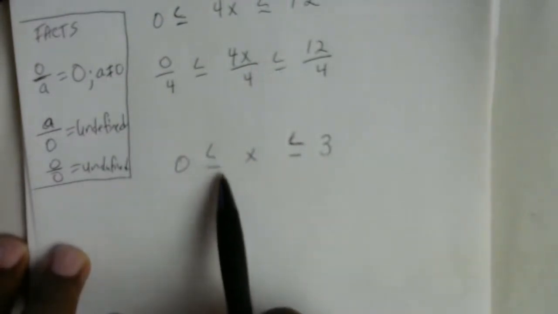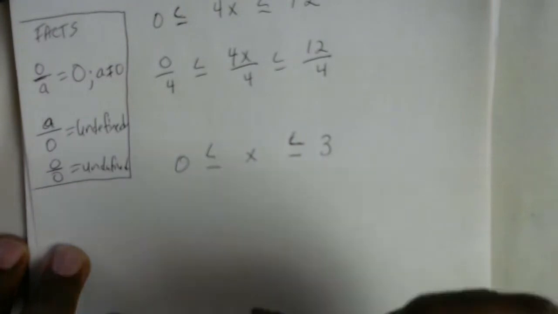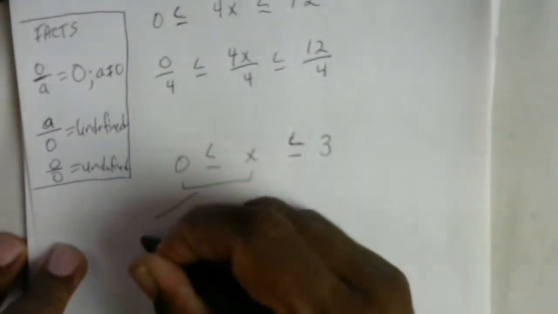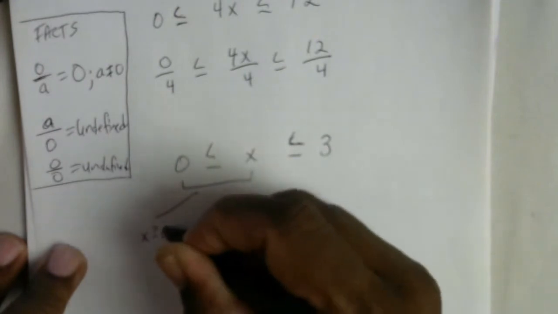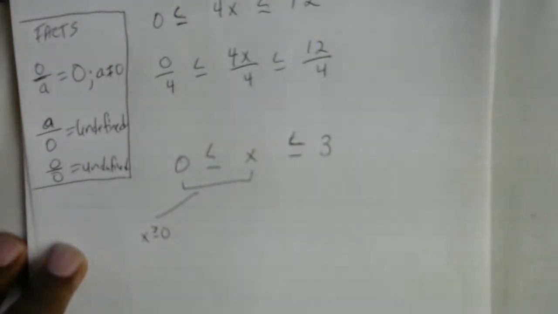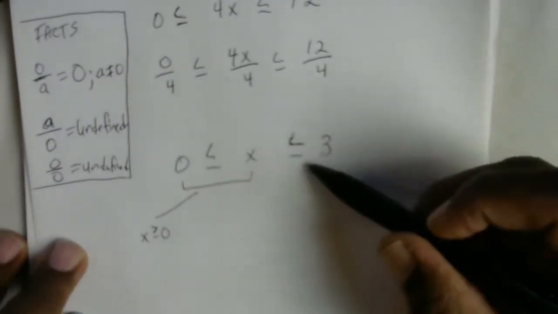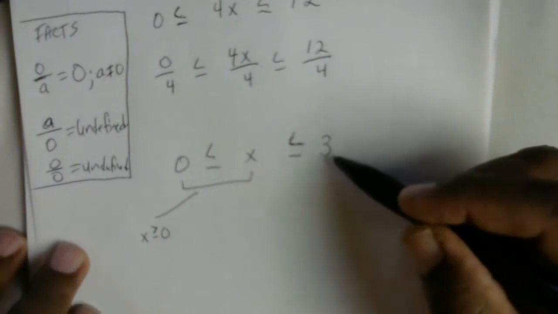You can rewrite the first part. 0 is less than or equal to x is the same thing as x is greater than or equal to 0. And then I have my second part of my inequality, x is less than or equal to 3.